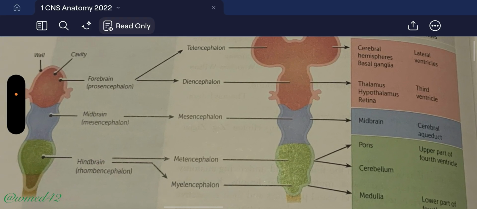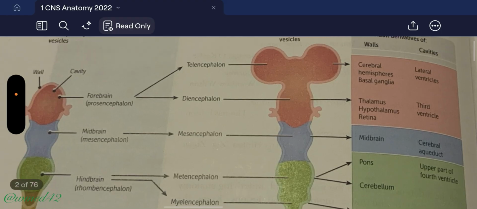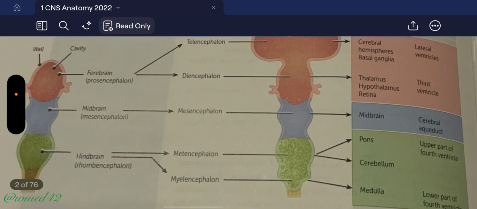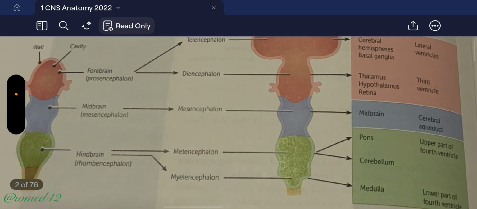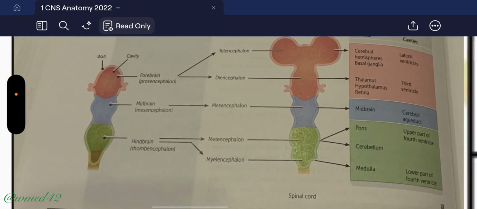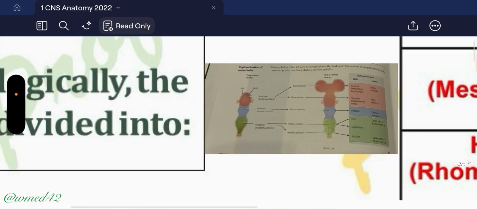The midbrain, or mesencephalon, gives the midbrain and the cerebral aqueduct cavity. The hindbrain, or rhombencephalon, gives the metencephalon and myelencephalon, which give the pons, cerebellum, and medulla, and the upper part and the lower part of the fourth ventricle.